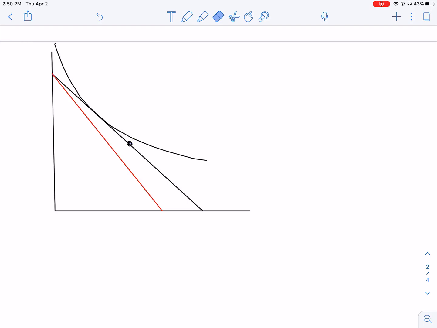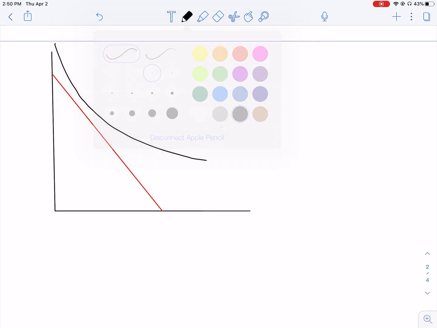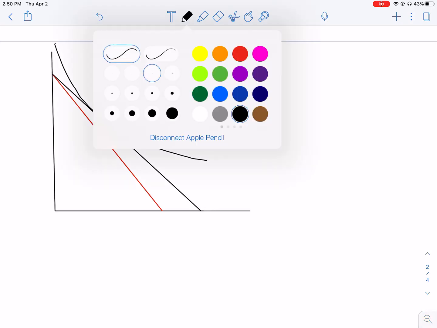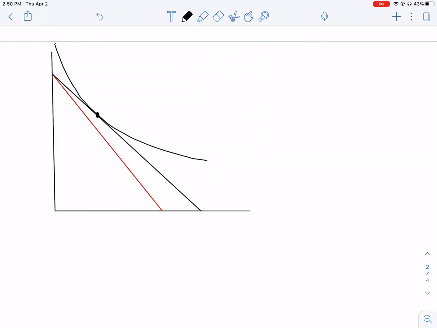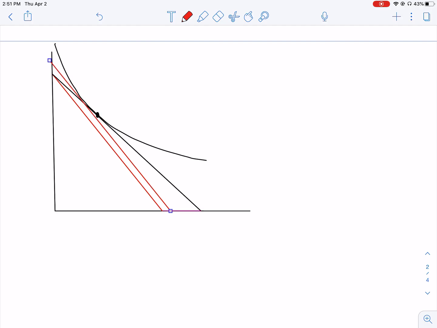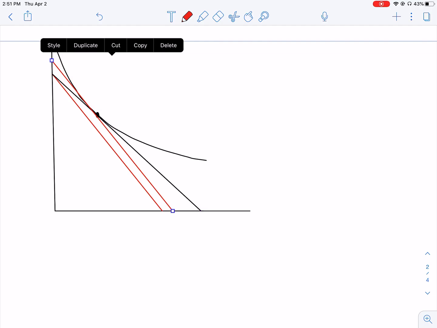All right, so this is the optimal decision. And where's the substitution effect going to be? It's going to be somewhere here, I guess. It's not really easy to see.